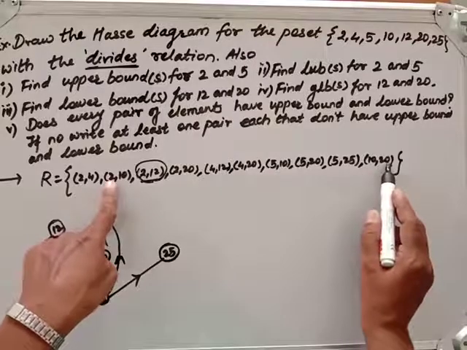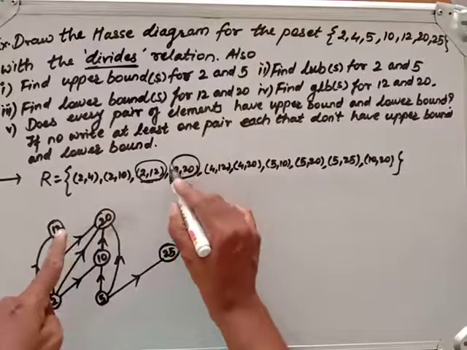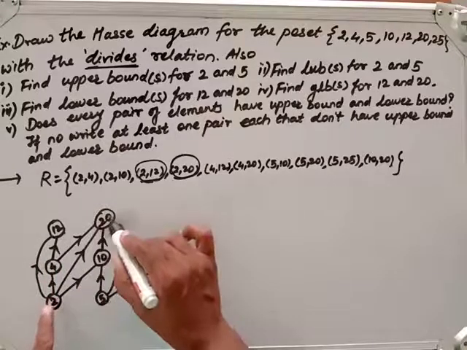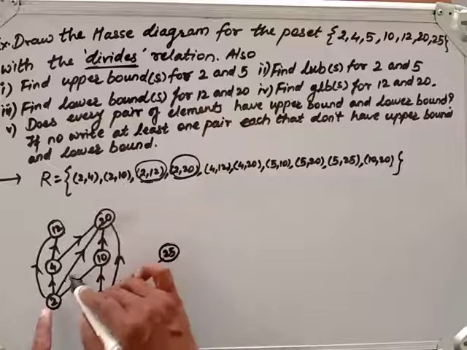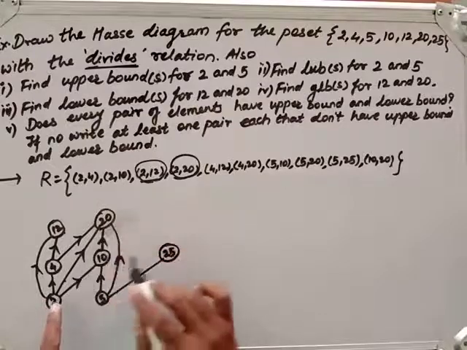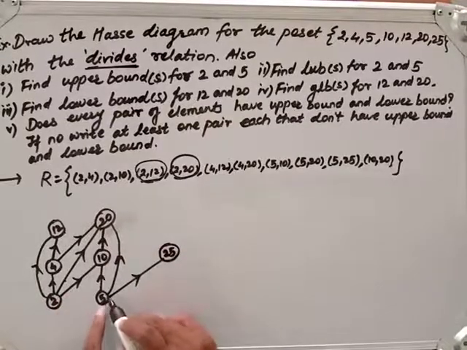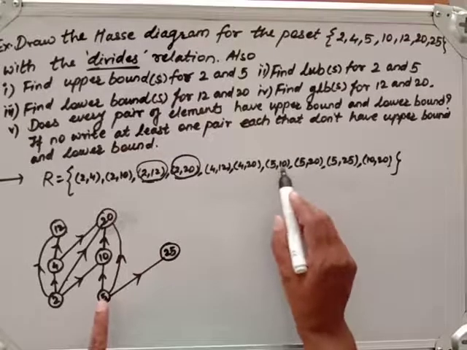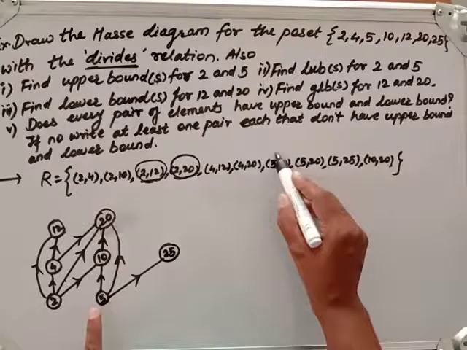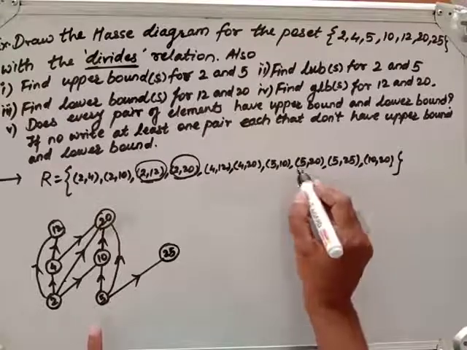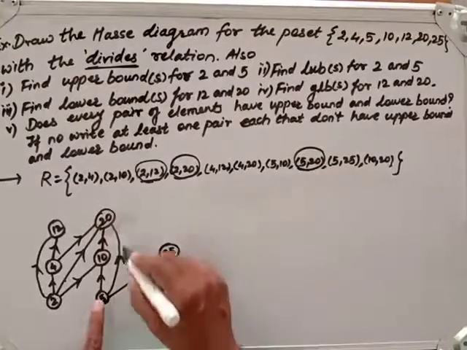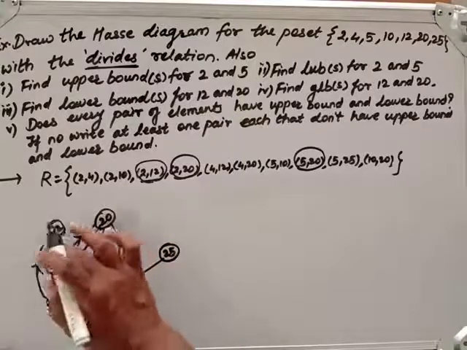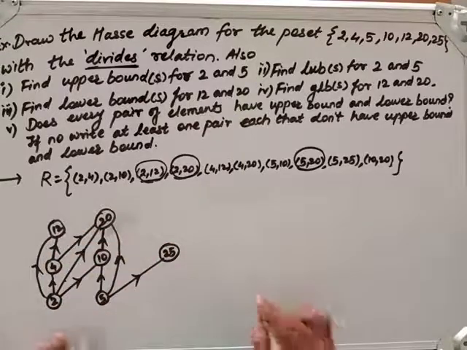So 2 is related to 20. This one, 2 is related to 10, 10 is related to 20. So no need of this directed line. Also 5 is related to 10 and 10 is related to 20. So 5 is related to 20. So this is also not required. This one is also not required. So these three lines we have to remove here.